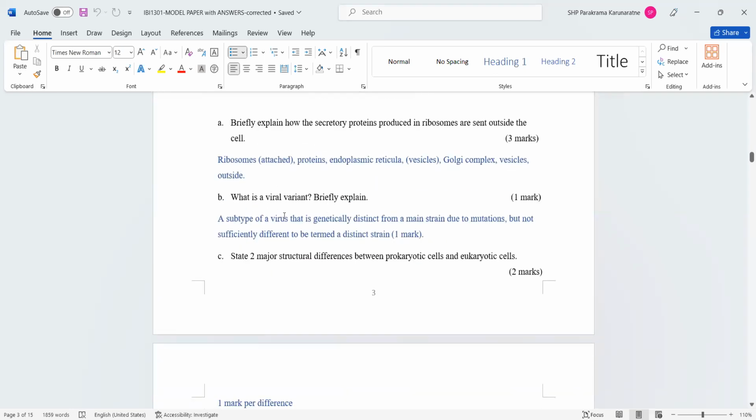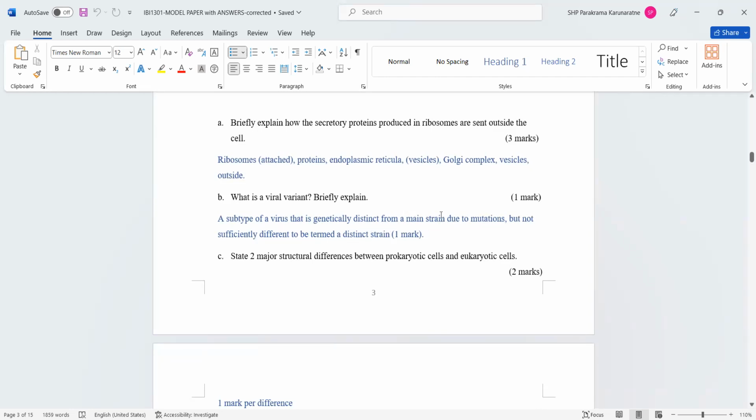So what is a viral variant? Please briefly explain. A viral variant is a subtype of a virus that is genetically distinct from a main strain due to mutations, but not scientifically distinct enough to be termed a distinct strain. So it is not a different strain, but it is a variant because of mutation, genetically different from the main strain.